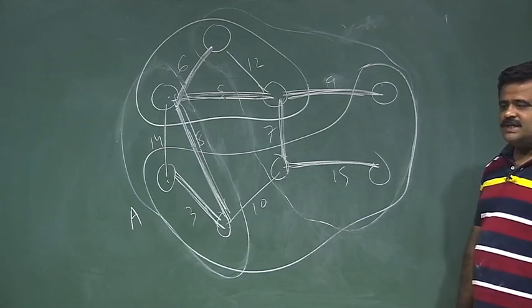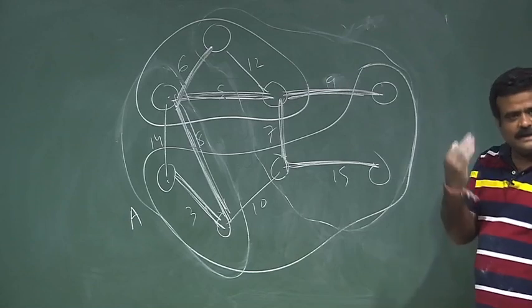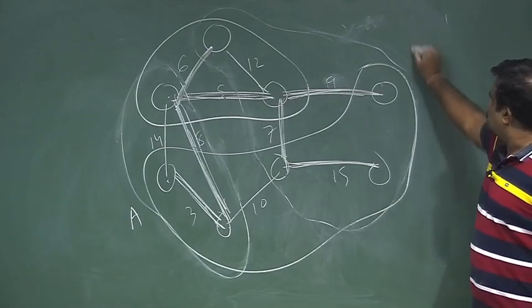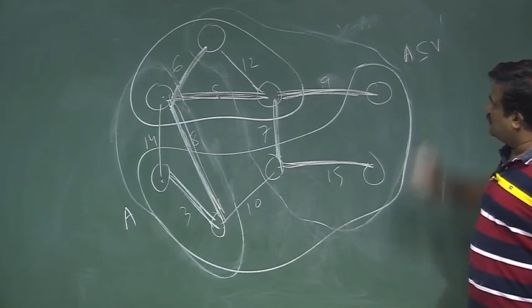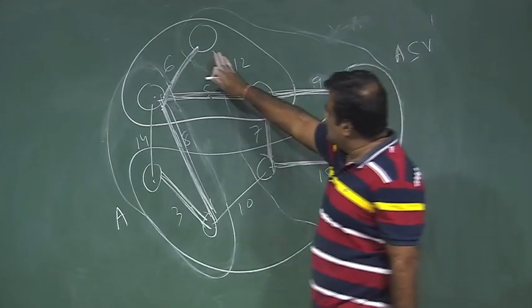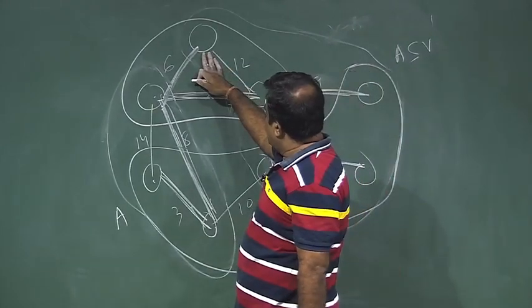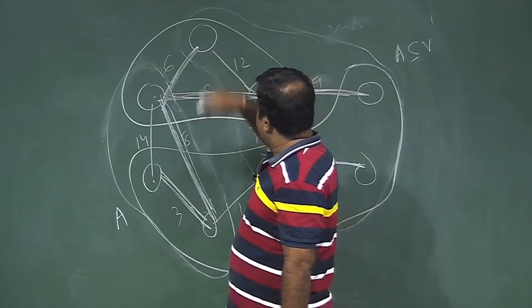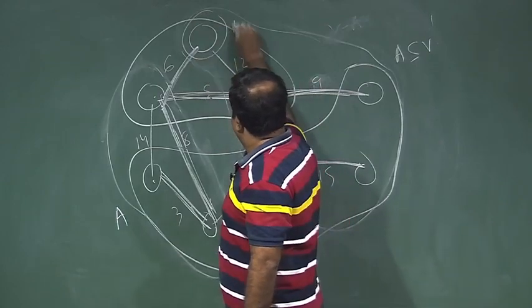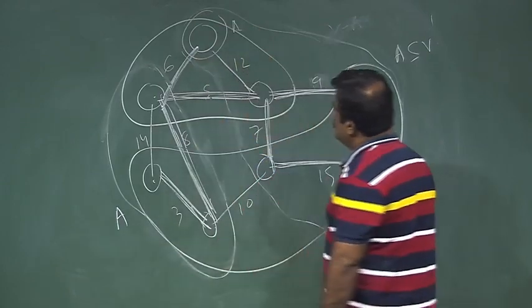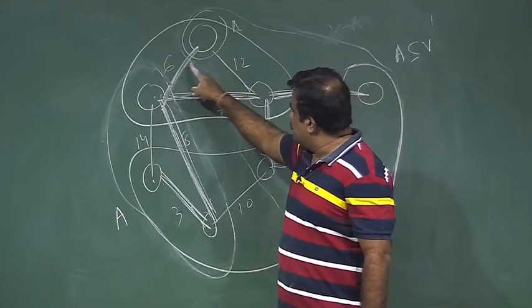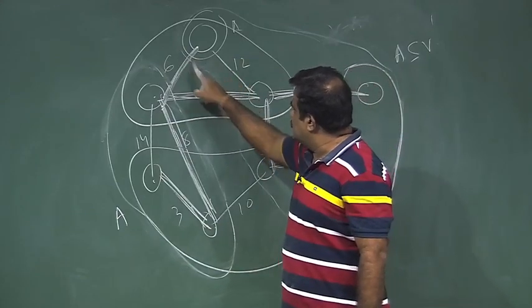So the theorem says that if we take any set A that is a subset of the vertices, and the remaining vertices are in A complement, then we consider the bridge edges; this 2 is a bridge edge and among these it is the minimum.